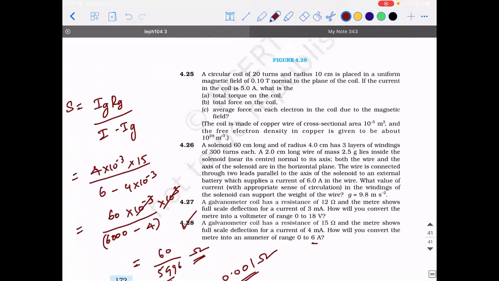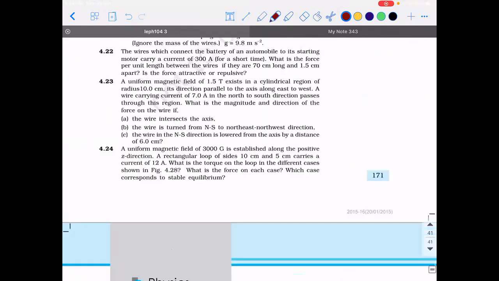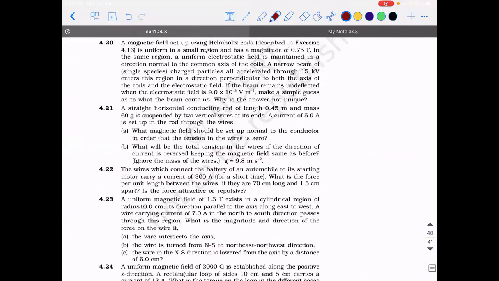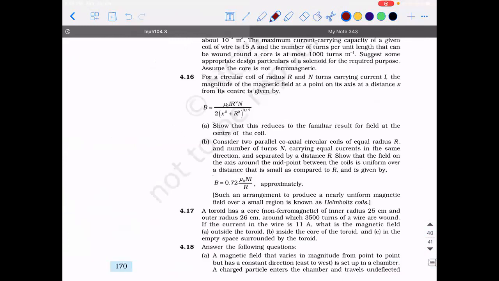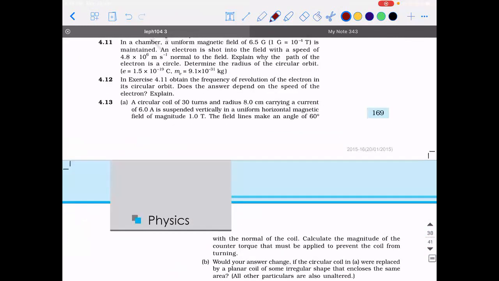Okay. Since this problem was also clear, let's do the next one. 4.13.